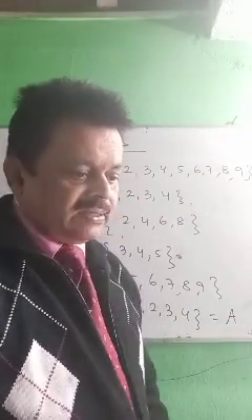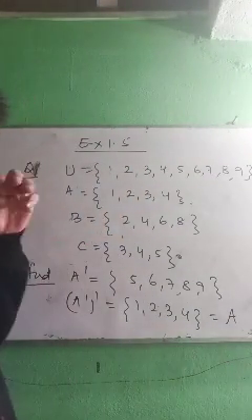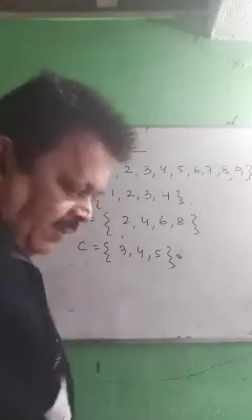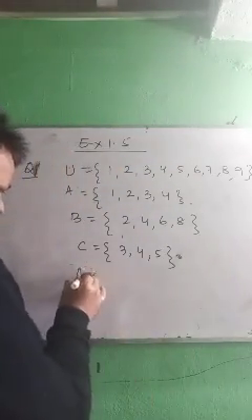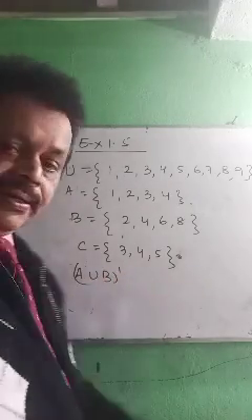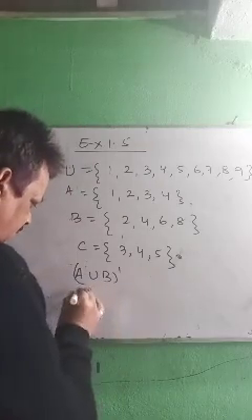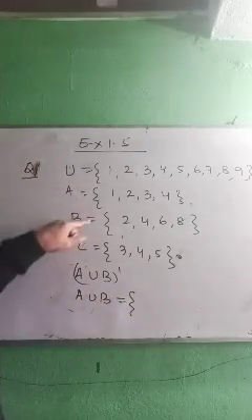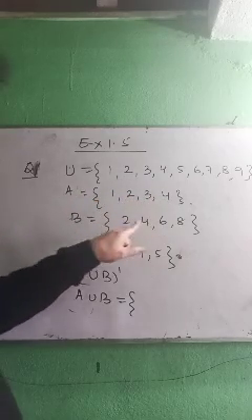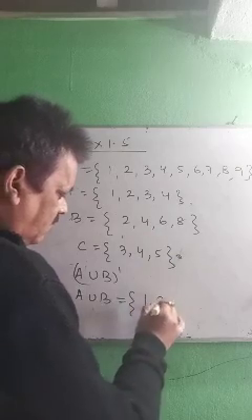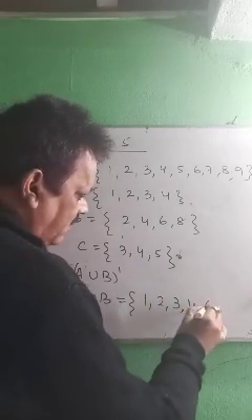Okay. Suppose I tell you to find what is A union B complement. How to find? So first you have to find out what is A union B. A union B means 1, 2, 3, 4, 2, 4 repeating, 6, 8. 1, 2, 3, 4, 6, 8.